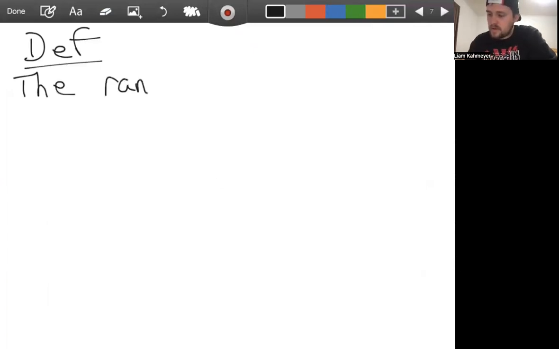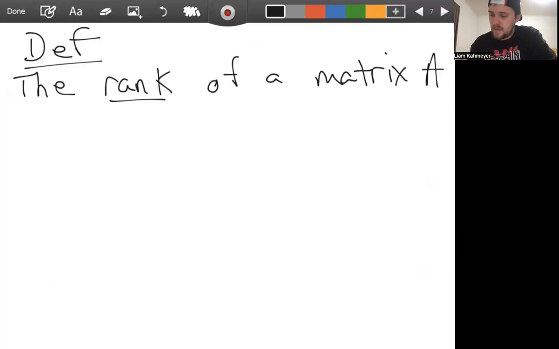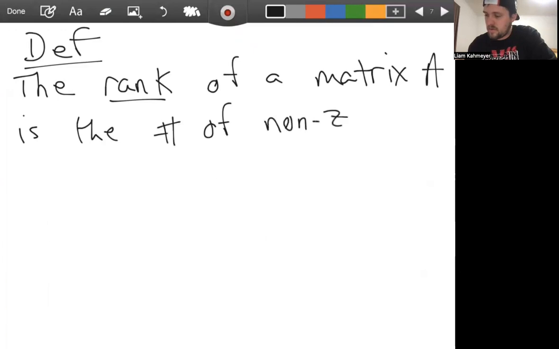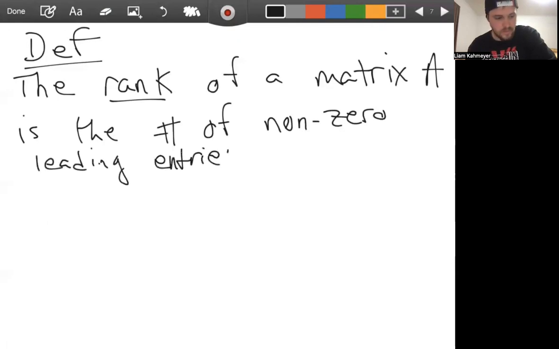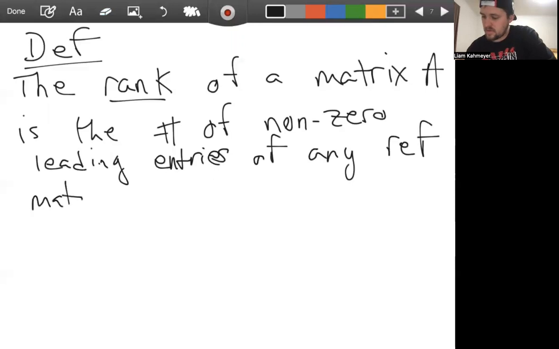So the rank of a matrix A is the number of non-zero leading entries of any row echelon form matrix of A. Notice that I'm saying any because there are multiple row echelon forms for a given matrix.